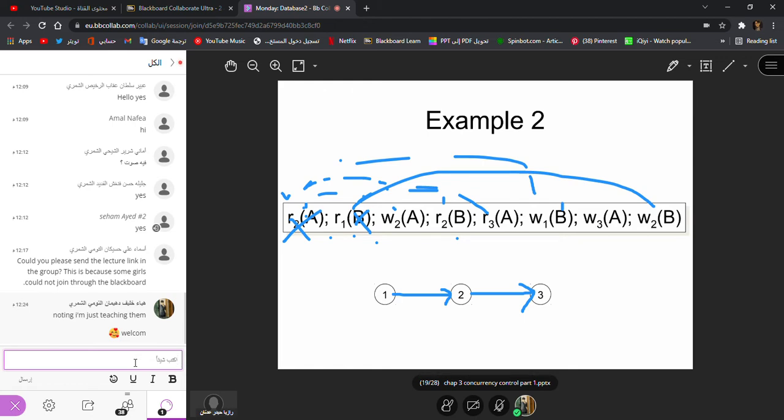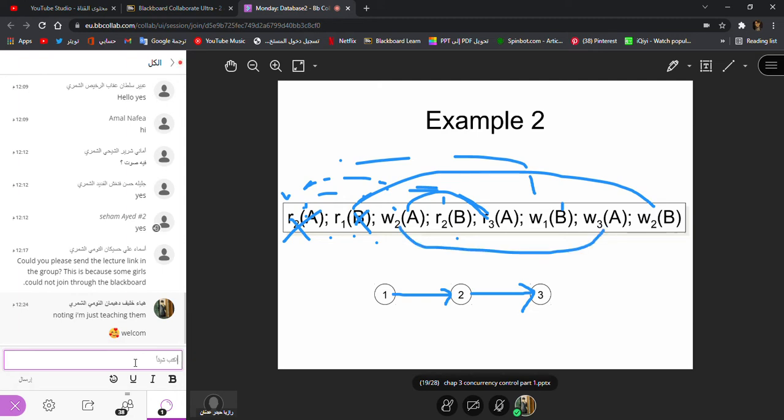This one is a conflict, because transaction 2 is writing on A and transaction 3 is reading on A. So it's going from 2 to 3. We already placed 2 to 3, so we will not do it again. This one, writing and writing, but the data elements are different. Just ignore, no conflict. This one is a conflict.